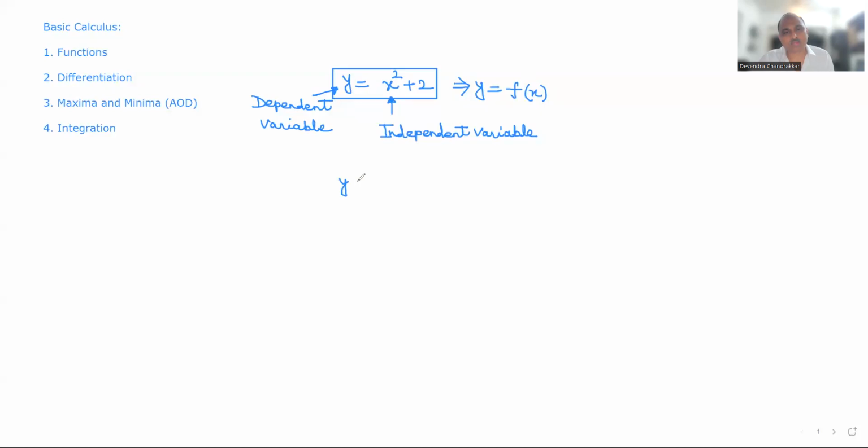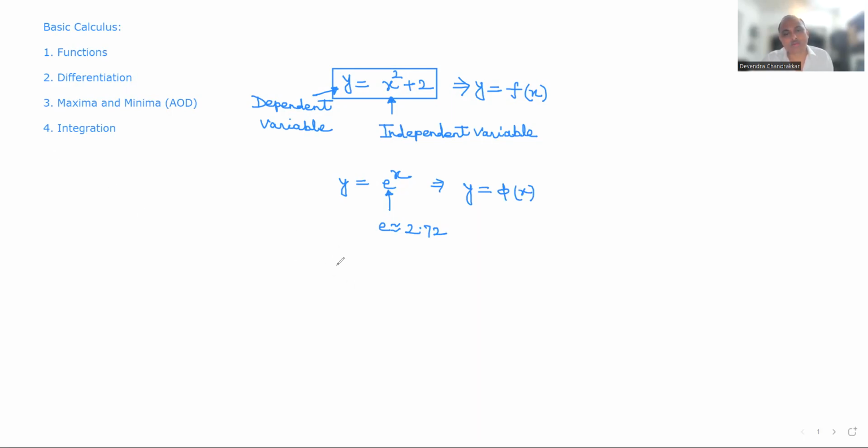So if y is, say, e power x, where e is again a constant, approximately 2.72, so this is an exponential function. Again y is some function of x. So this is how functions are mentioned.